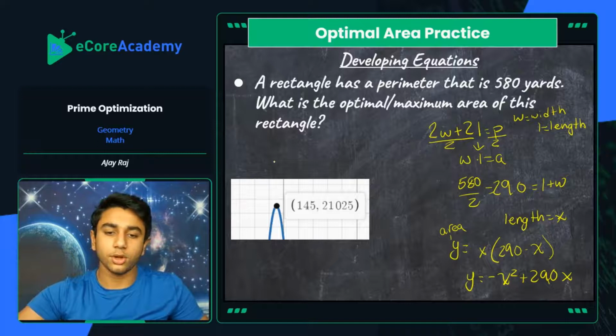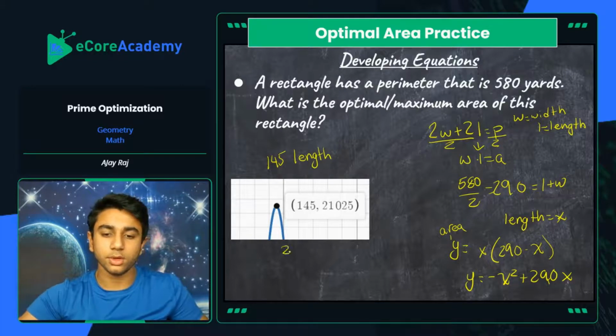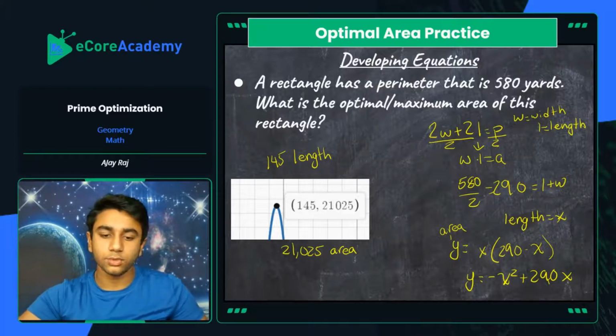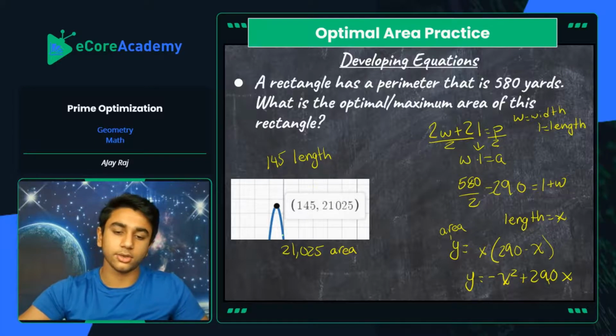So that's going to be a 145 length, and then 21,025 as our area. We can check that by dividing. We know that 145 plus 145 must add up to 290.